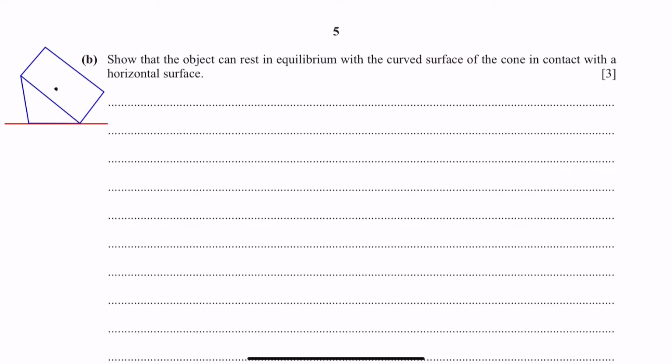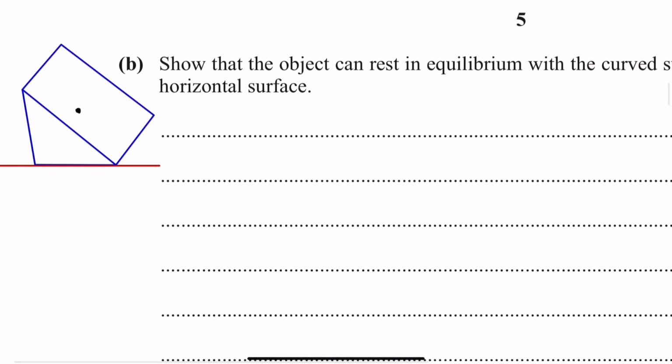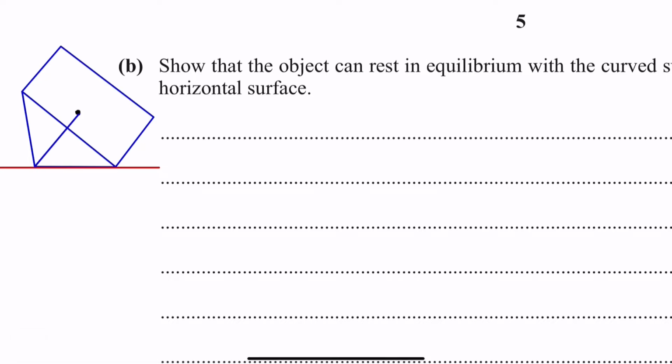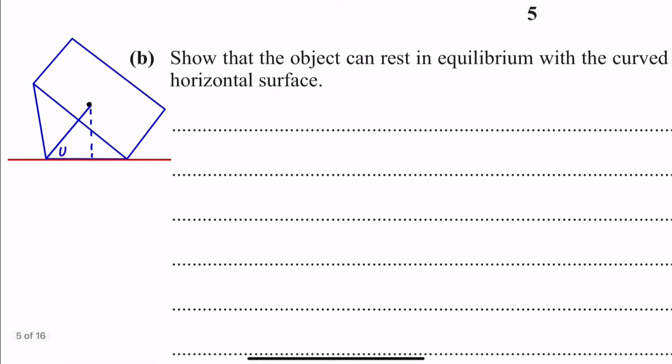So how do we do it? Let's draw a few lines. First, we connect this to the vertex of the cone, and then we draw a dotted line over here. Okay? And now we need to find this angle over here.